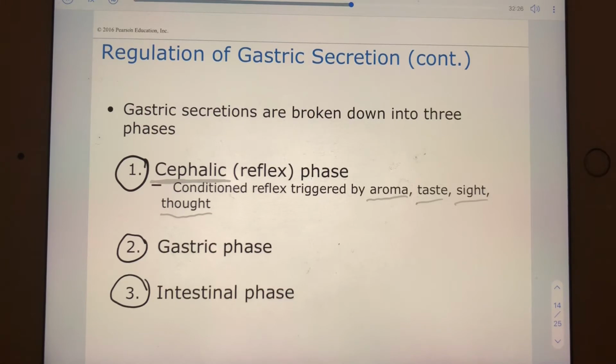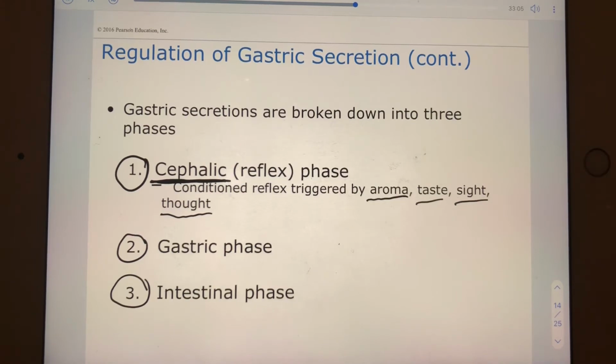It's reflexive, and it's simply sort of getting the motor started via really your cerebral cortex. So your cerebral cortex is stimulated by sensory input. Maybe it's odorants, maybe it's tastants, maybe it's seeing something yummy, maybe it's just thinking about Pringles. That starts that cephalic phase.